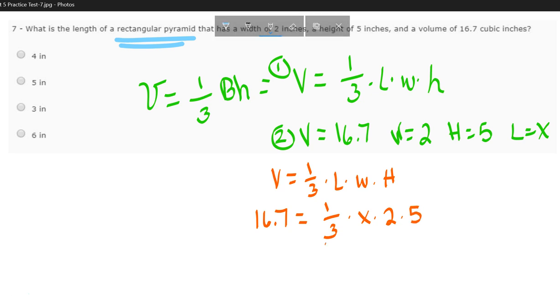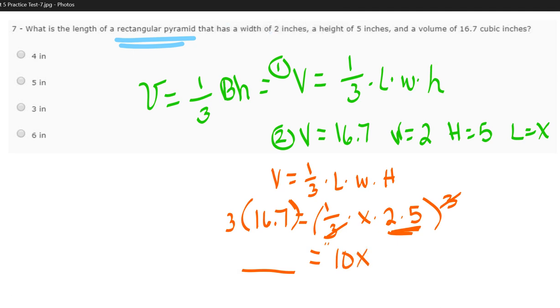Because this is a fraction, what I like to do is multiply both sides by 3 to eliminate the fraction. When you do that, you're going to get a digit here, and that's going to equal, well, let's just do the multiplying here. 2 times 5 is 10, so 10x. On this problem, you're going to get a number, and it's going to be 0.01. Just put the whole number in, and that'll be the solution after you do this multiplication, divide by 10.